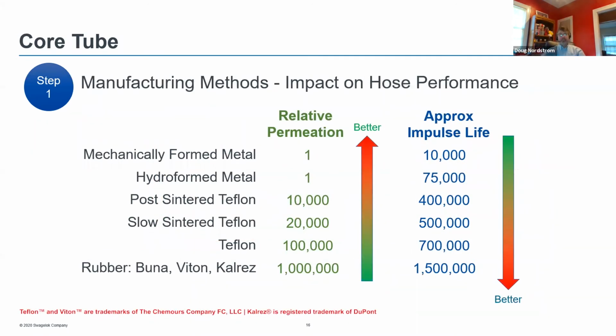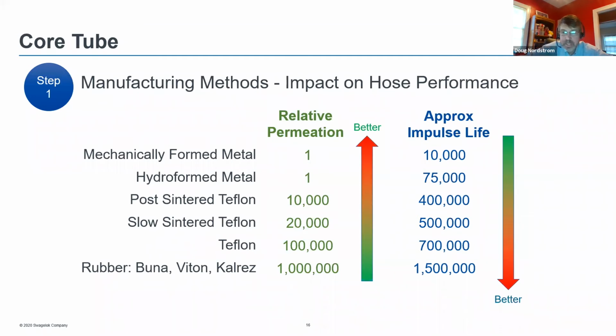And a general rule of thumb here on this slide, and every hose is different, but these are approximations. If I was to say a relative permeation rate of a metal hose is 1, it's a unitless value here. A post-sintered Teflon hose permeates about 10,000 times as much as a metal hose. Slow sintered is about 20, and Teflon hose is about 100.